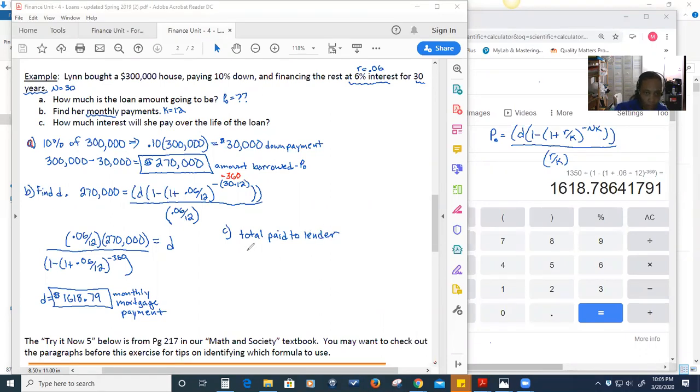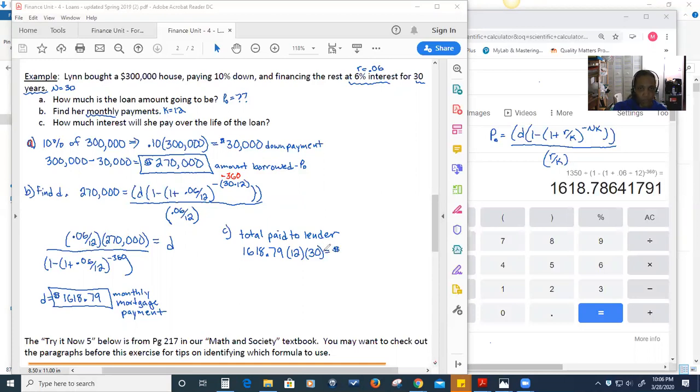So if her monthly payment is $1,618.79, and she pays that every month for 30 years, times 12, times 30, okay?